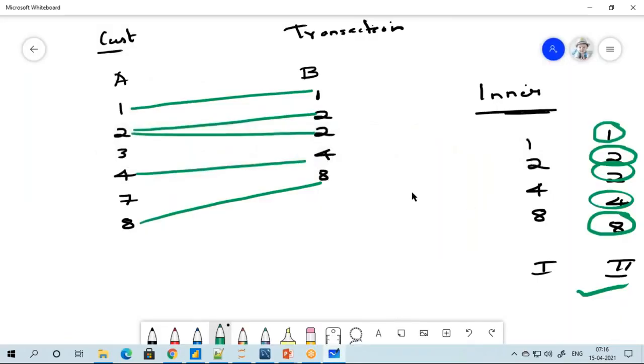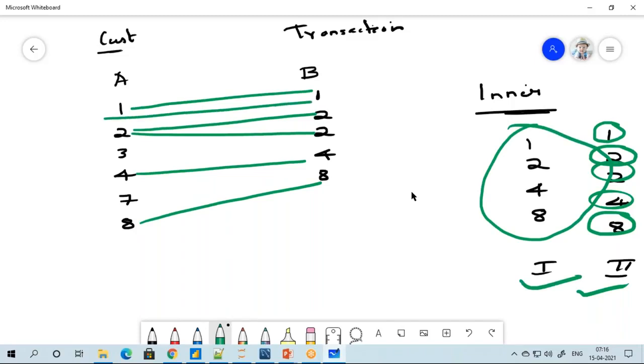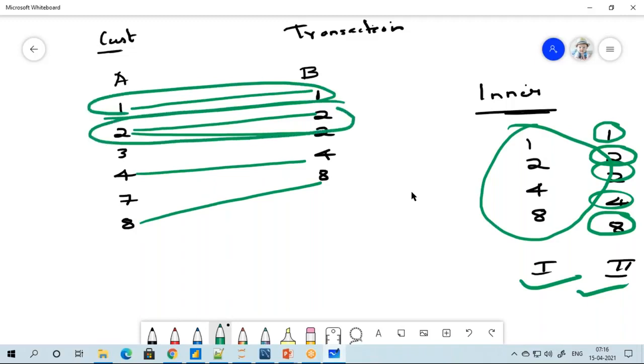This is again possible, so this time you are getting this. Okay, so both are correct, but the objective you have to understand is which one is matching.